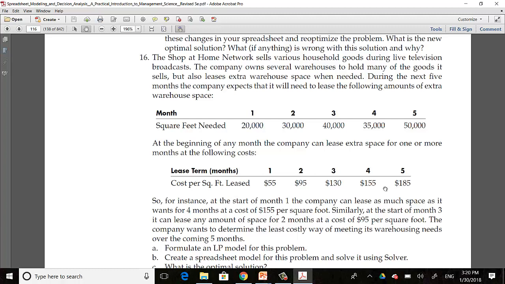Okay. Yeah, it's like an investment. So your idea is that you can keep the square footage you have. Okay. Then you have to only do it for 1, 2, 3, or 4. Oh, I see. Okay.